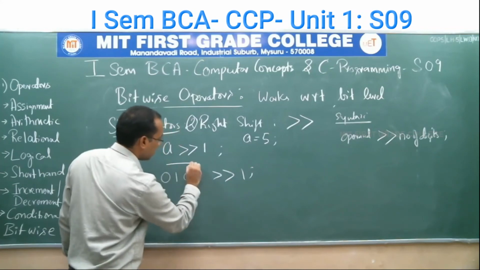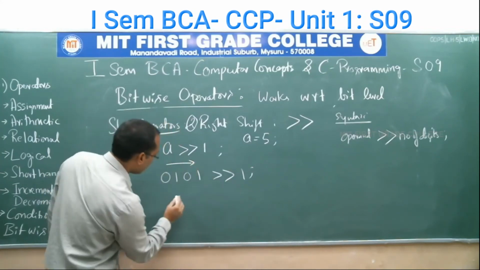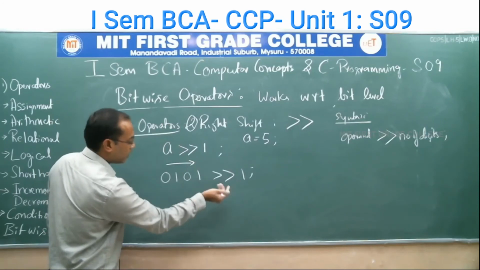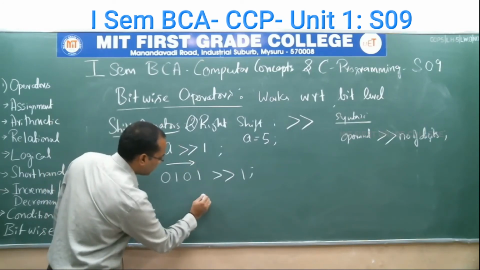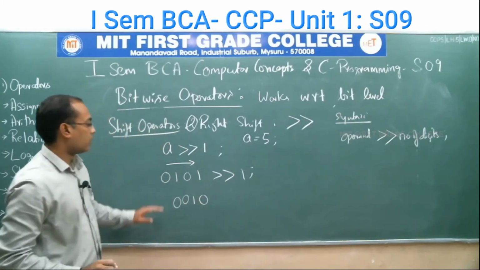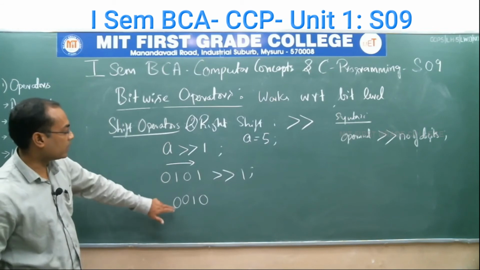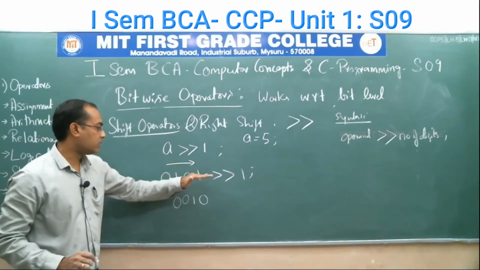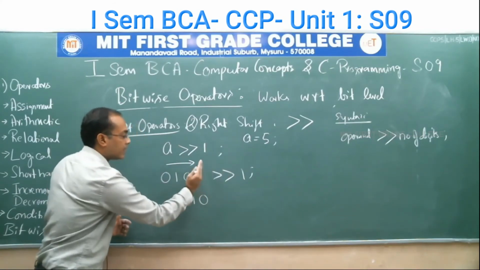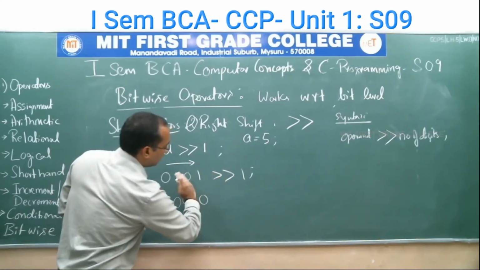Shift it one time. Right shift means move it to the right side. So when moving right one time, the last digit goes out. So move the rest of the bits. 0, 1, 0, 0. Once again, look at how we got this. When we are doing right shift one time, the last bit will go out on the right side. On the left side there is nothing, so it will just move.